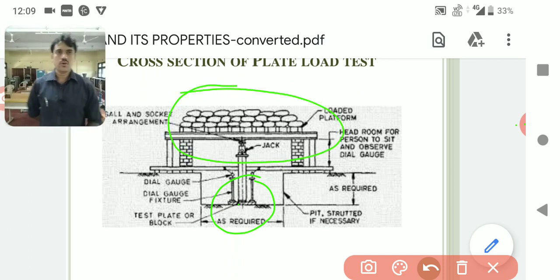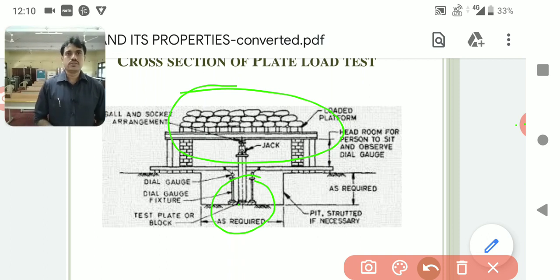Here load is applied by two methods. One is by placing sandbags, or any weight can be applied in many ways. Either we can use sandbags, or otherwise we can place cement bags, anything.